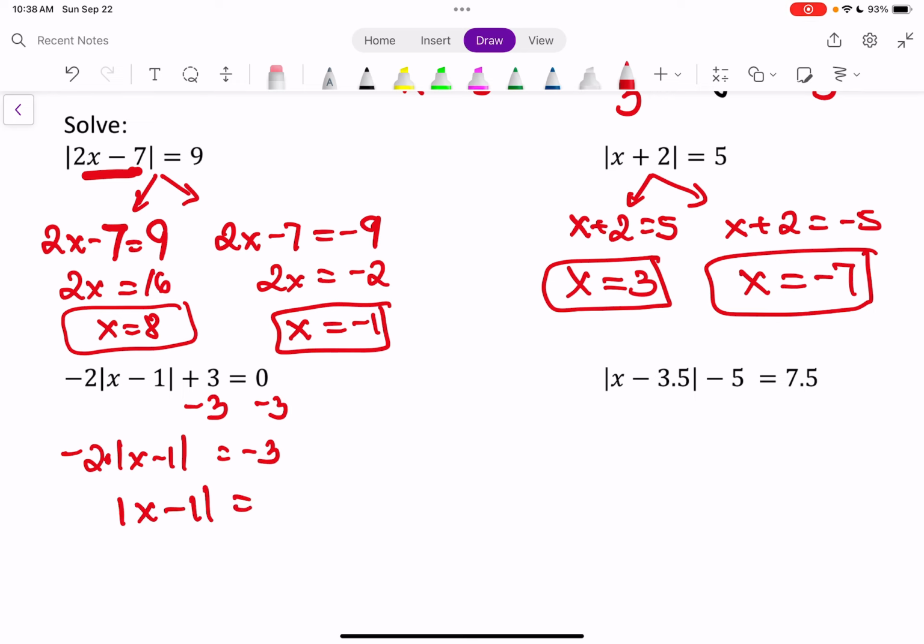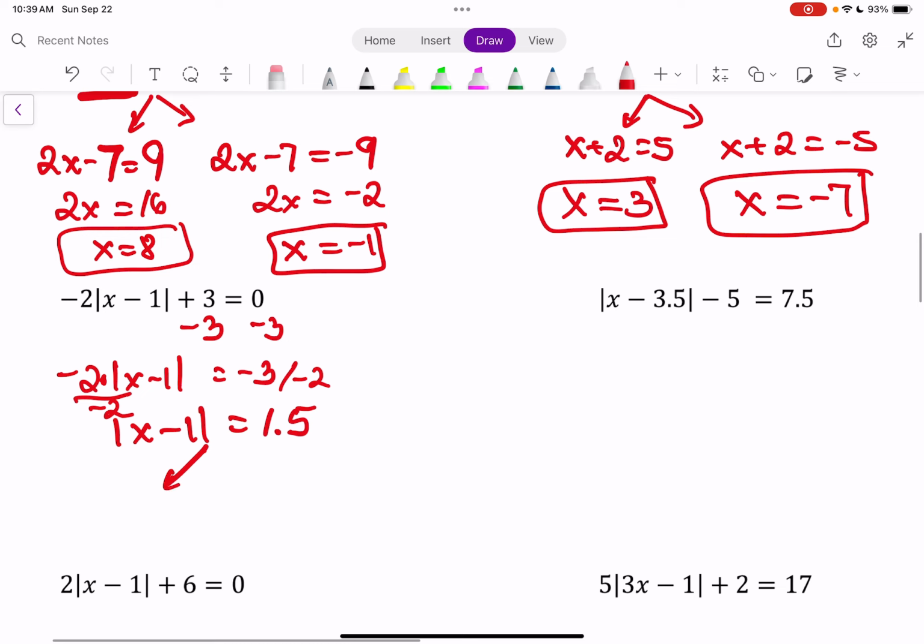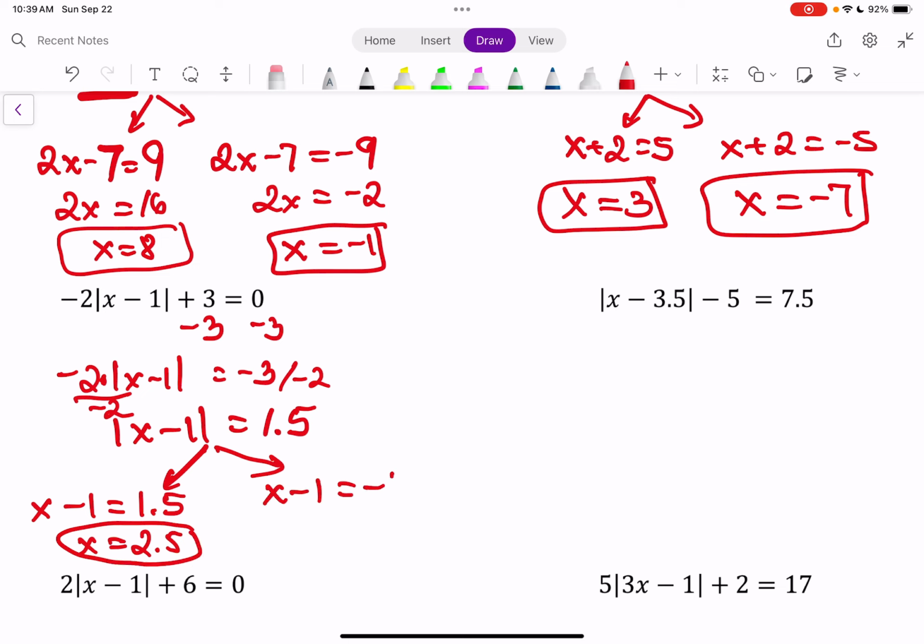So negative 3 divided by negative 2 is 1.5. And now I can translate my two separate equations. So either x minus 1 is 1.5, which makes x a 2.5 when I add the 1 over, or x minus 1 is negative 1.5, which is going to make x equal to negative 0.5 when I add the 1 over.